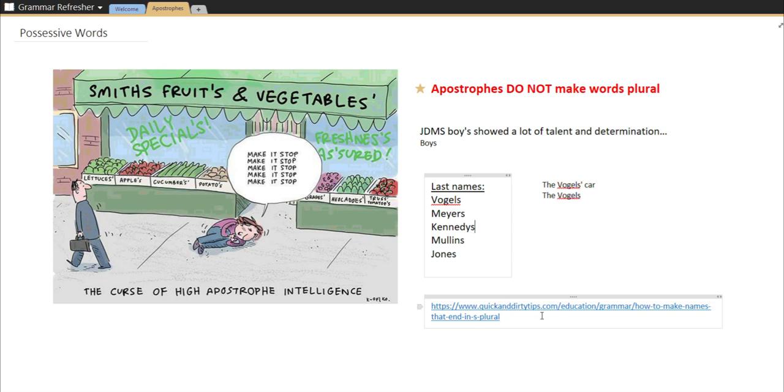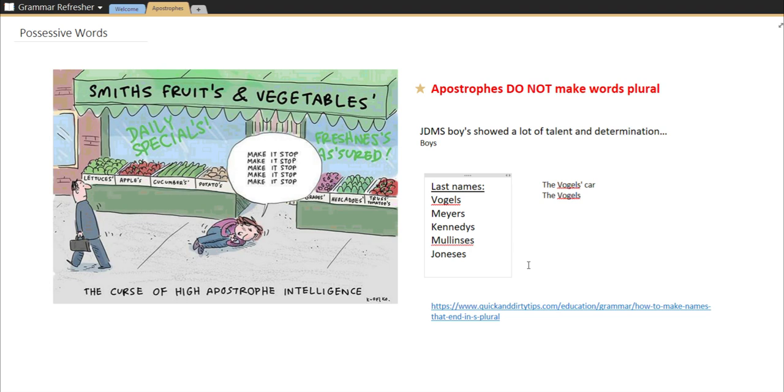She has excellent podcasts if you're interested in that. According to all my sources, when you make a last name that ends in S plural, you add ES. So both of these last names would be Mullinses and Joneses.